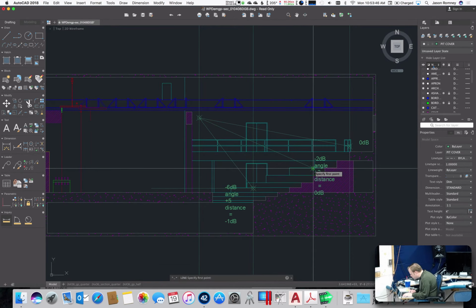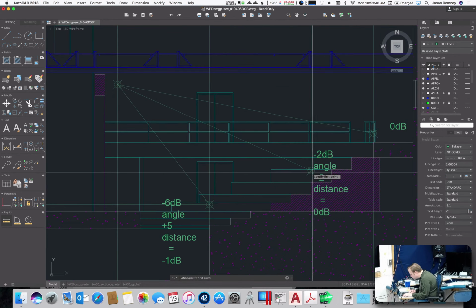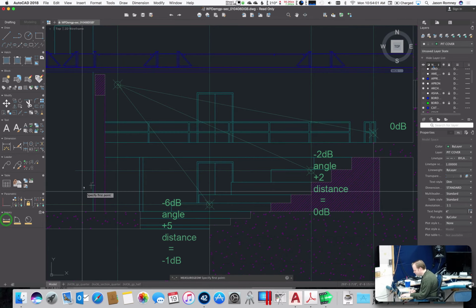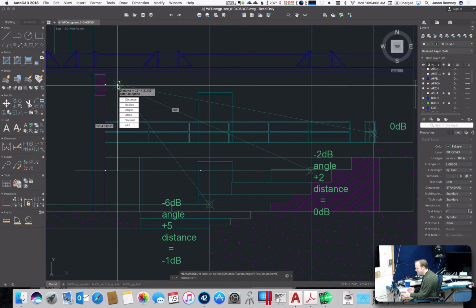Well, B for this row is different, right? Each row is a different height, in most theaters. Well, then nobody could see. Okay, so B is 12 foot 4 inches, so we'll say 12.3 feet.